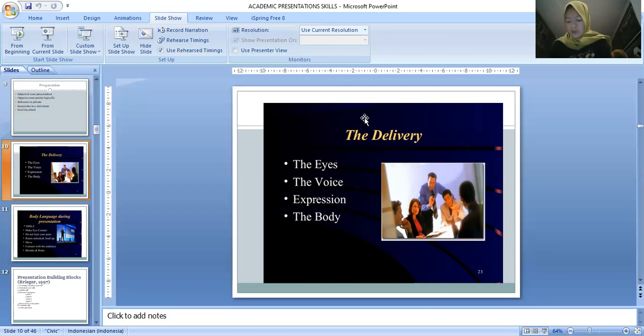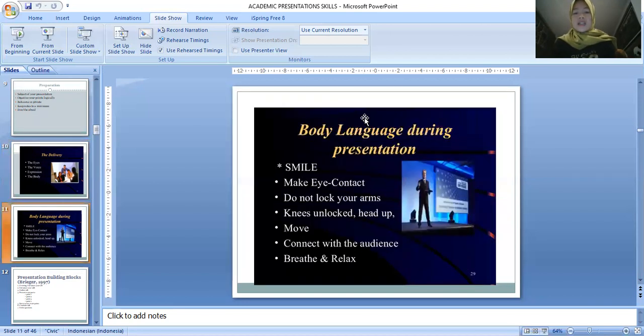And use positive facial expressions, such as a smile. It is also very crucial in giving a great presentation. So that's about the delivery. And then next, yeah, the next one is body language during presentation.